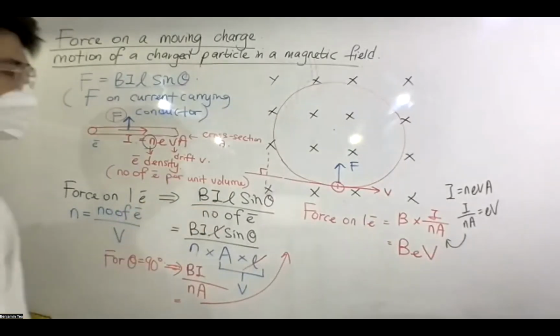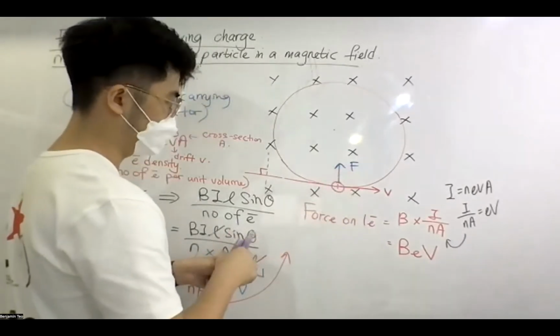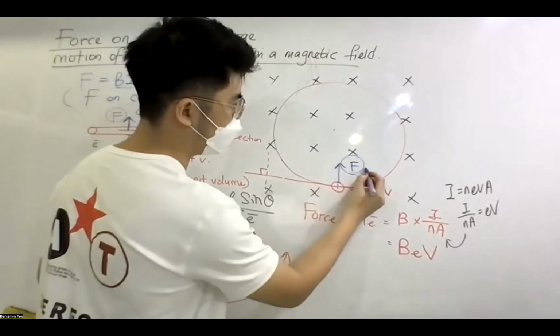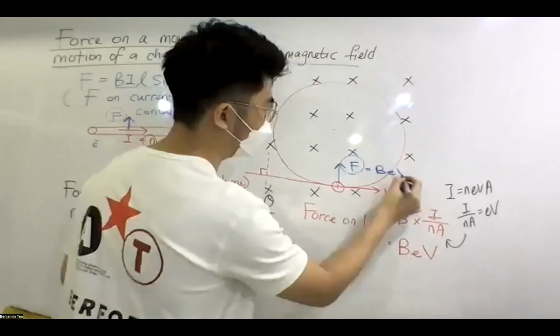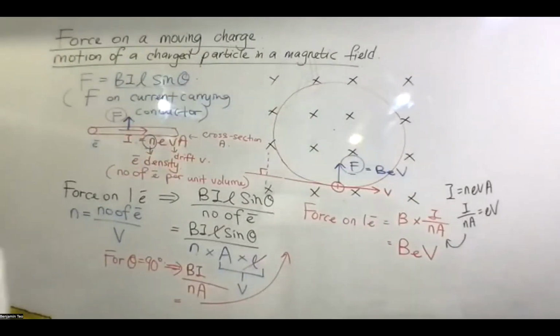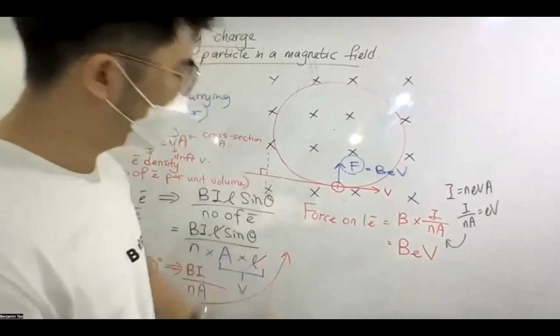So this force is BeV, the force on one electron, assuming it enters perpendicularly.